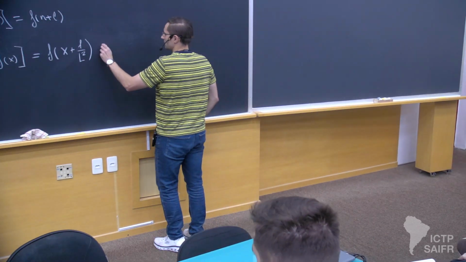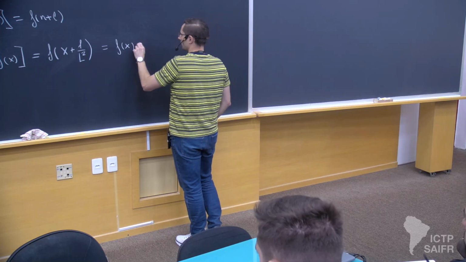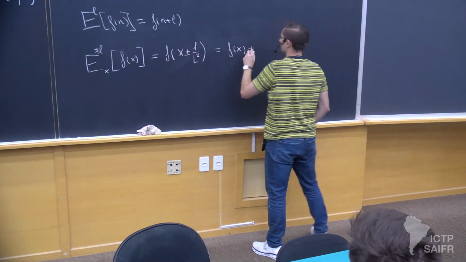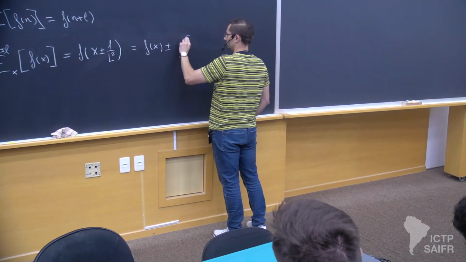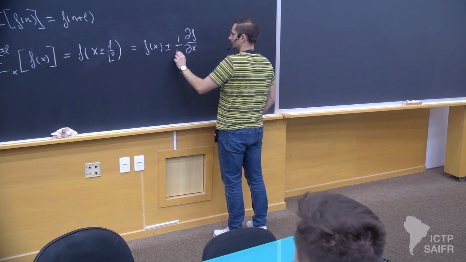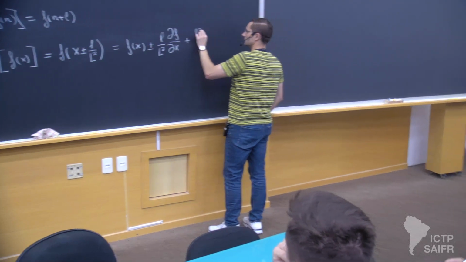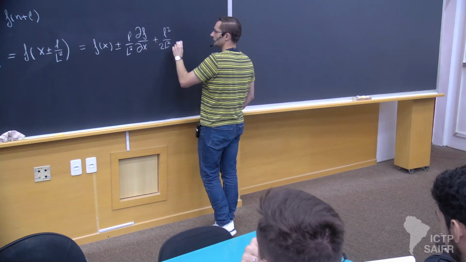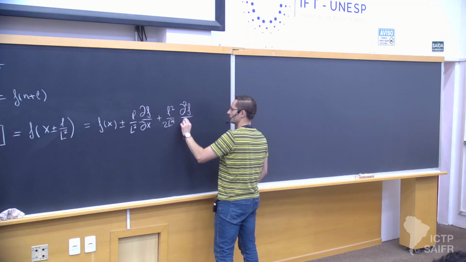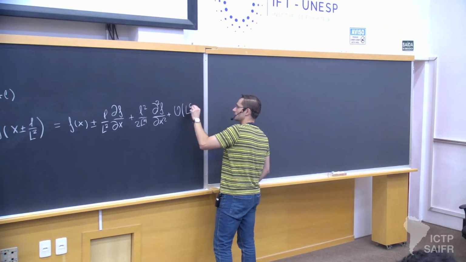Now I can expand these. And here we can make it, if you want, a little bit more explicit. So we have all the signs. And I have L, so they should be L plus L squared, the second derivative of F with respect to x squared. And then I have terms that are going to be of order L to the power of 6.